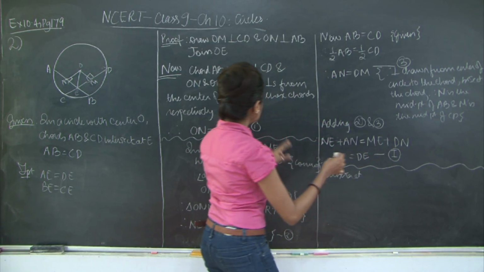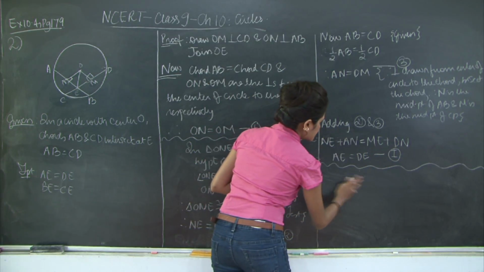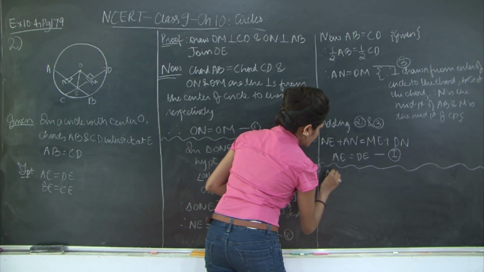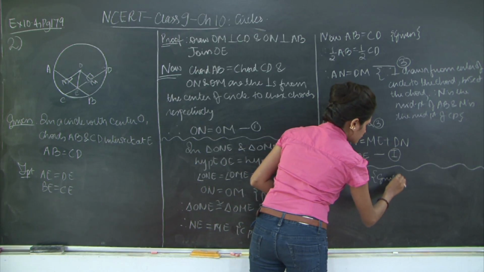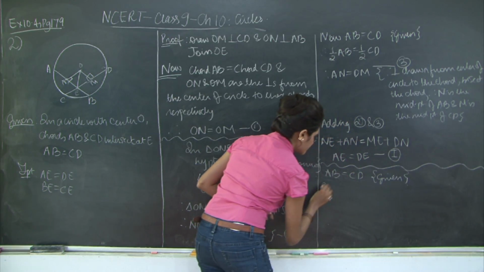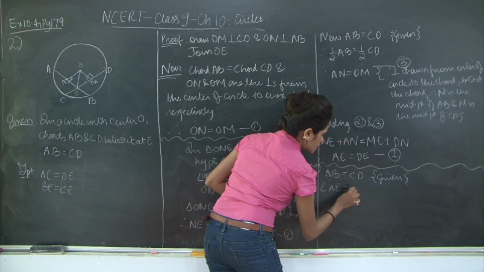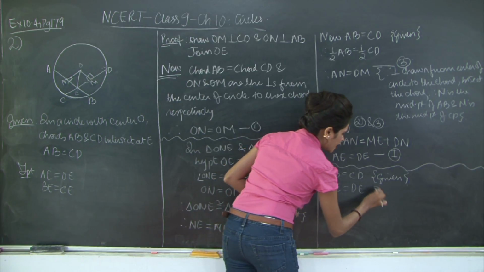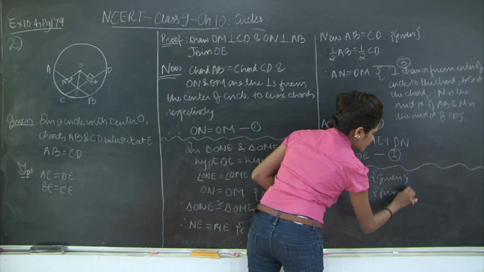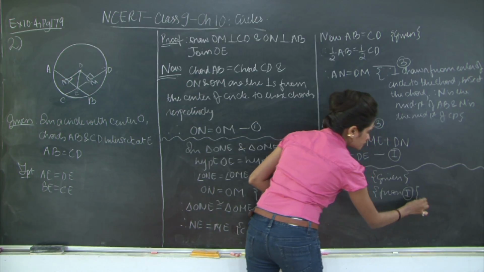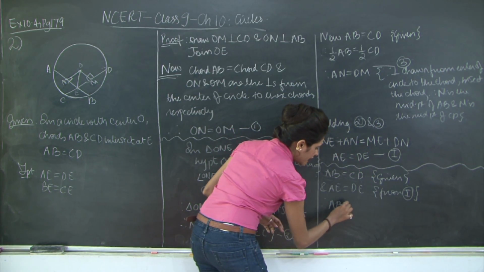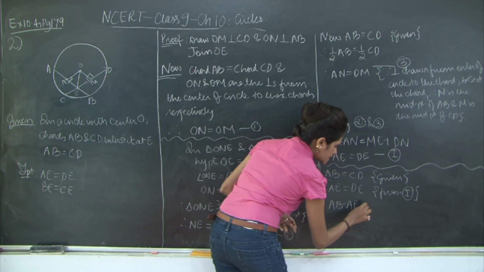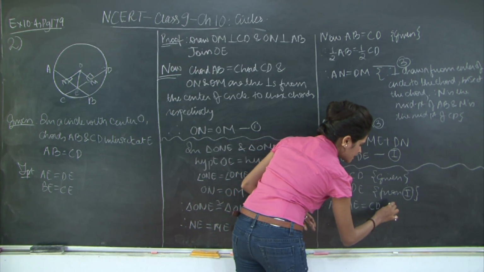We will say AB is equal to CD, this is given, and AE is equal to DE, I will say from Roman number 1. Correct? Therefore, AB minus AE is equal to CD minus DE.